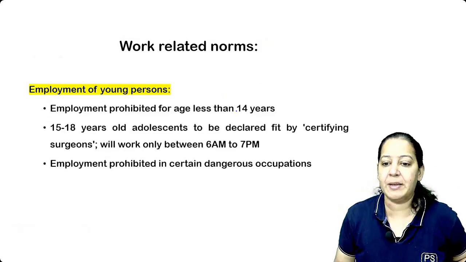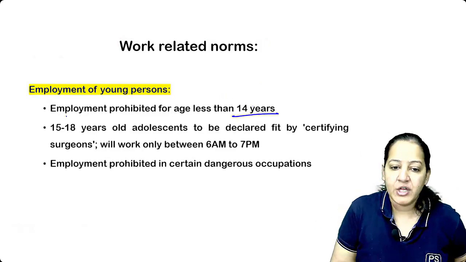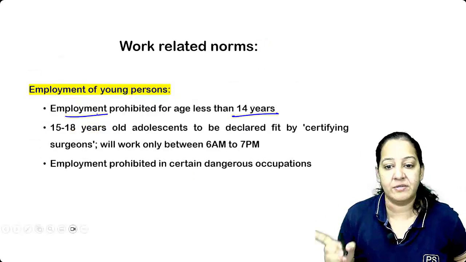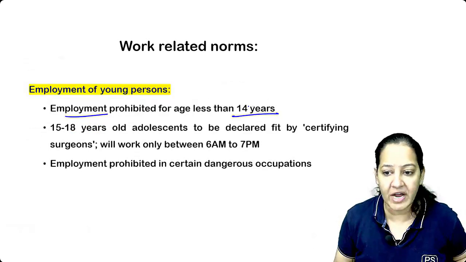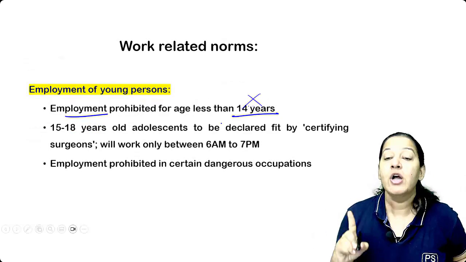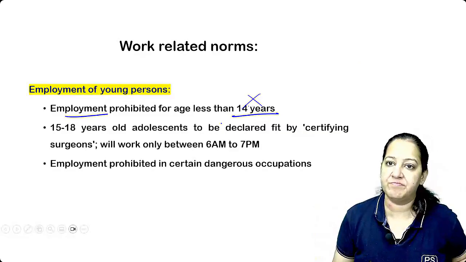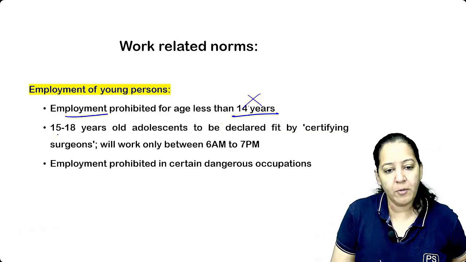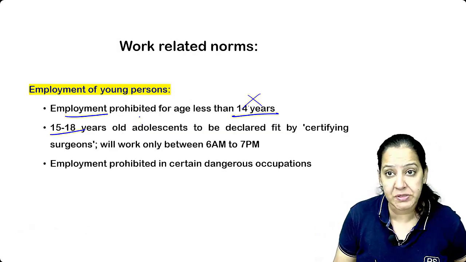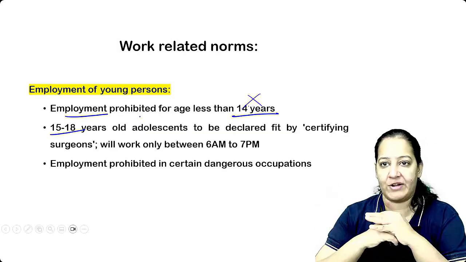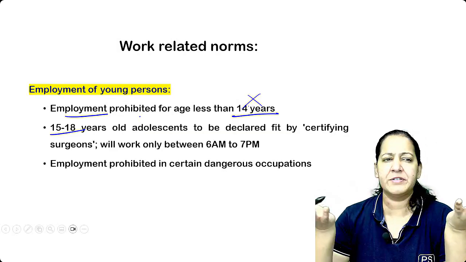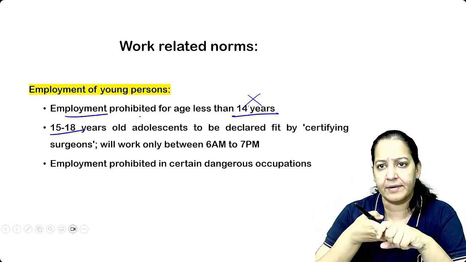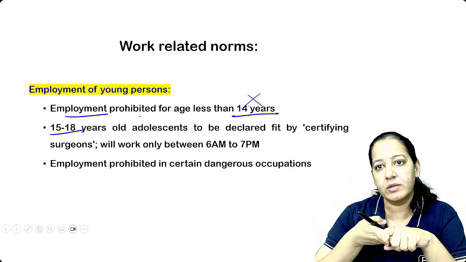In any factory, below 14 years of age, you cannot give employment to a child. It's a crime. You cannot give employment to any child who is less than 14 years of age. Number one. What about 15 to 18? This is adolescent. Can I employ? I am the owner of a factory with some food product, noodles or anything.